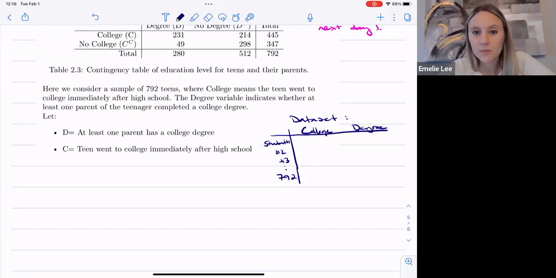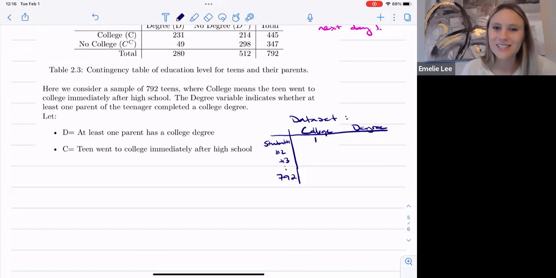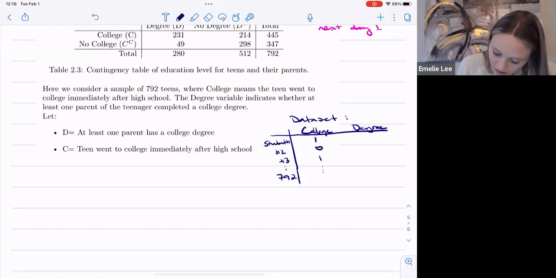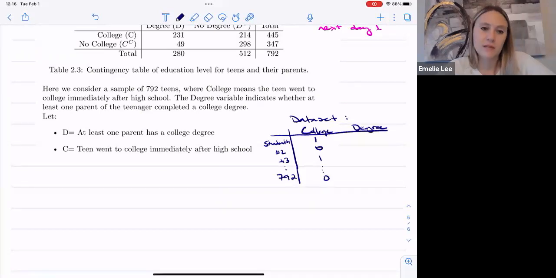Now, the college variable is either a yes or no answer. Did you go to college immediately after high school or no? And so maybe this one did, denoted by a 1. Maybe this one didn't. Maybe this one did. Maybe this one didn't. I don't know, just making it up. And so it would be a series of zeros and ones, right? Either they did or they didn't.